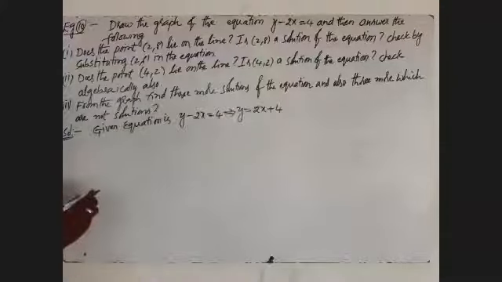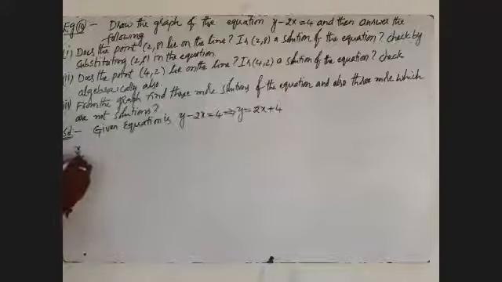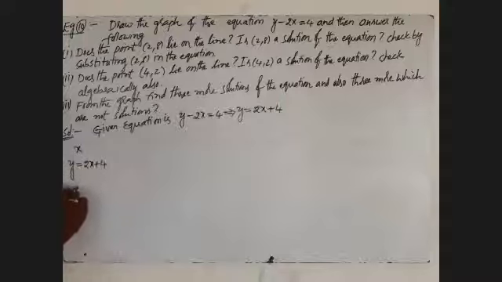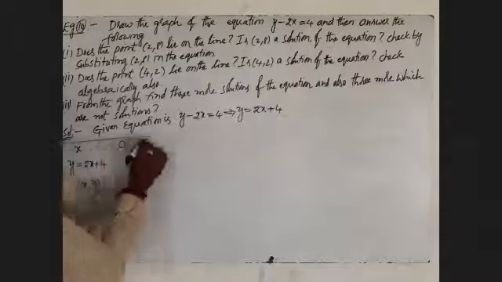First we'll take the point x. After that we'll take y is equal to 2x plus 4. After that we'll write the ordered pair x comma y. First we'll take x is equal to 0. There y is what we have to write.